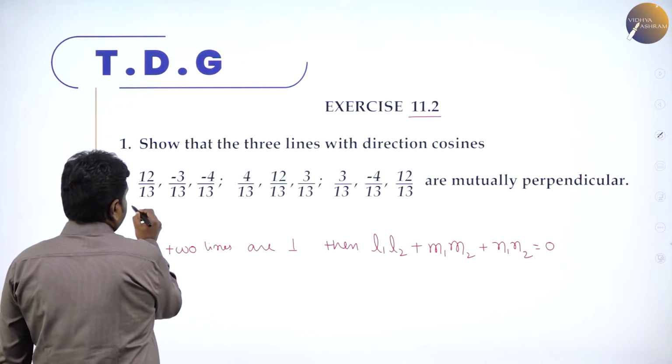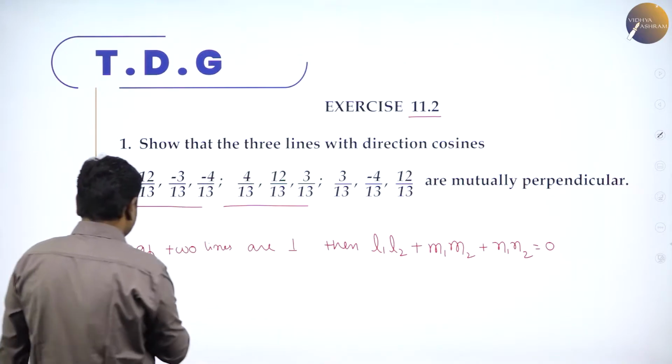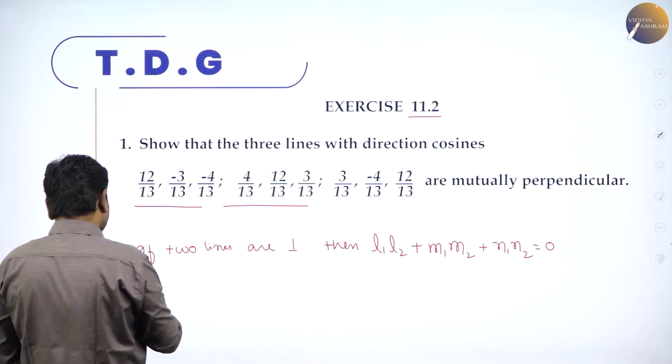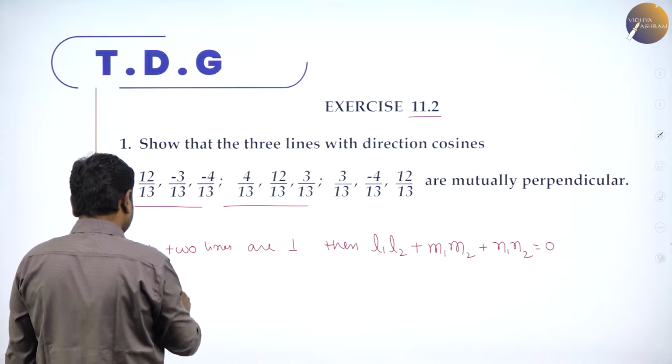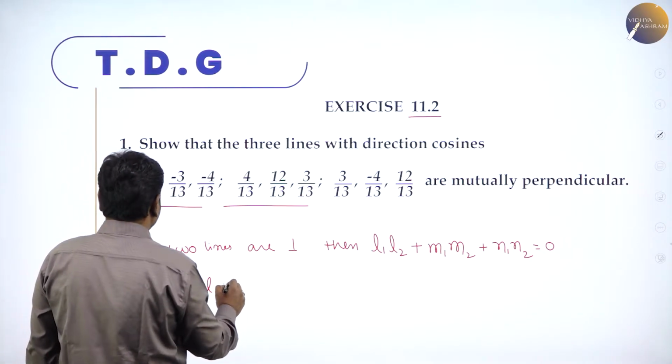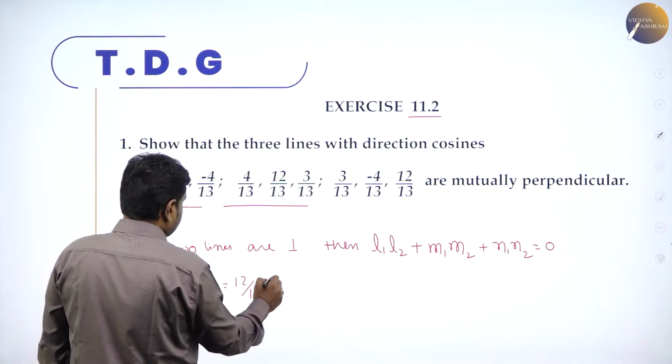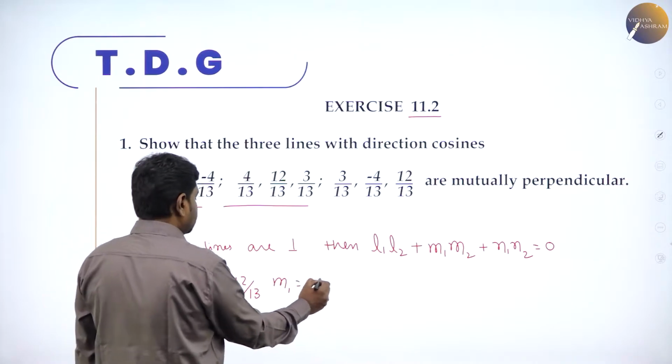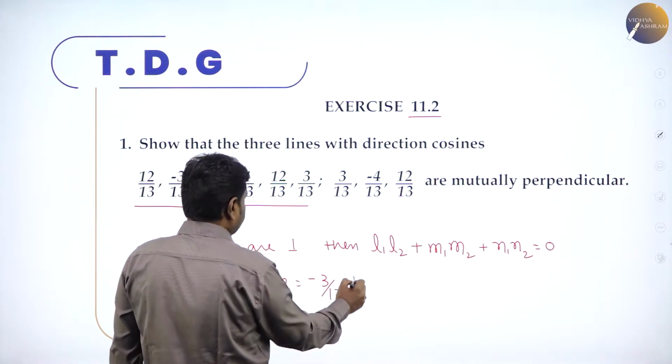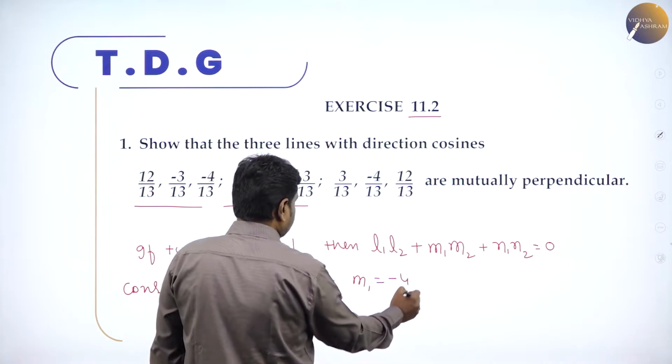So we'll take first pair. Let L1 be equal to 12 by 13, M1 equal to minus 3 by 13, and N1 equal to minus 4 by 13.